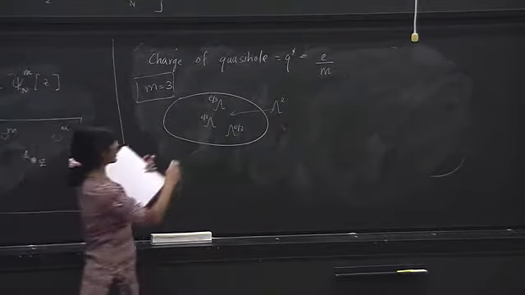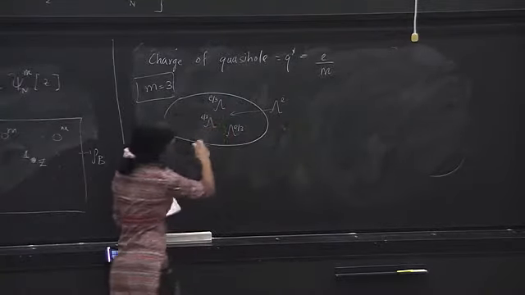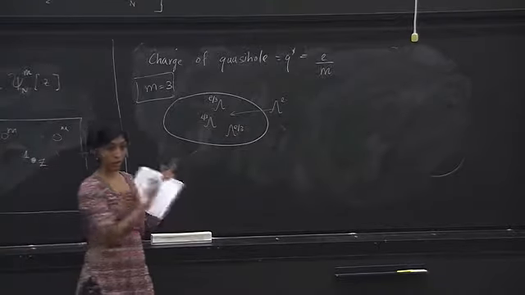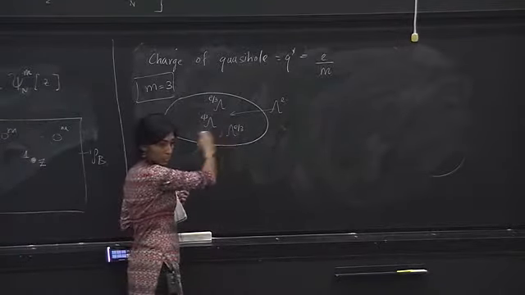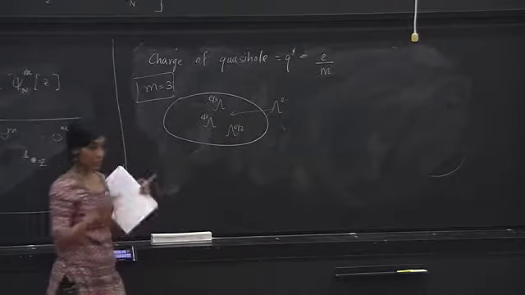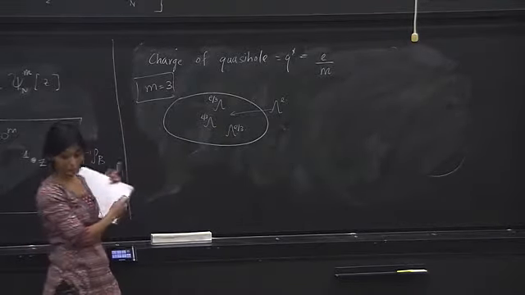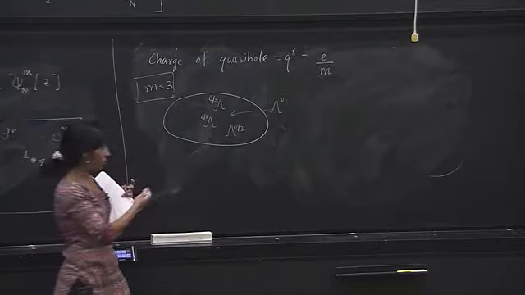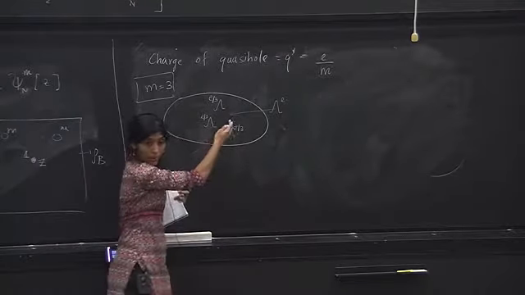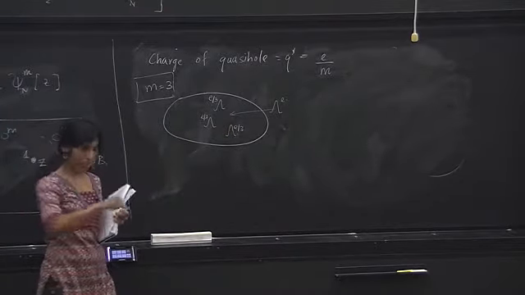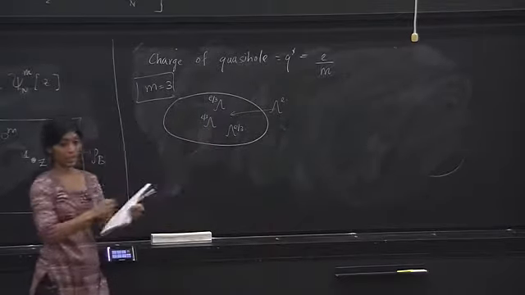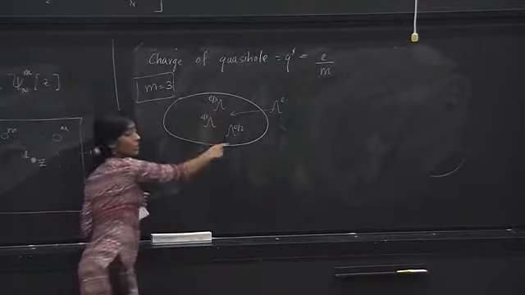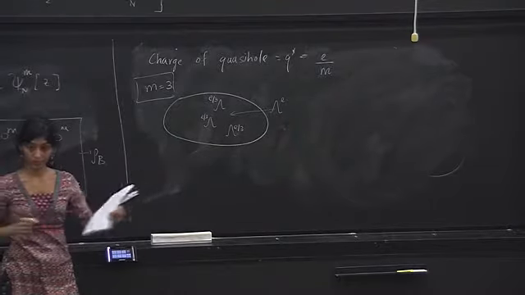In any given sample, because after all my sample is made of electrons, there'll always be 3 of them, so that the total charge is always an integer. I'm not claiming that I've made a total charge which is a fraction. However, the excitations, instead of carrying charge E, always break up so that it looks like single particles that carry charge E over 3.